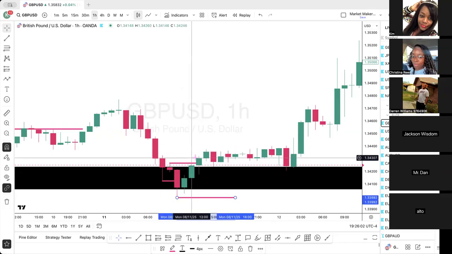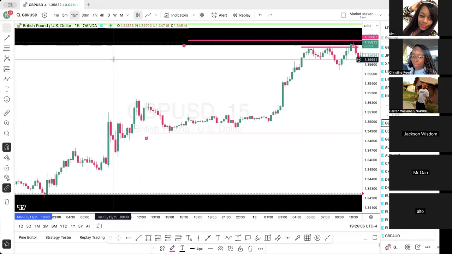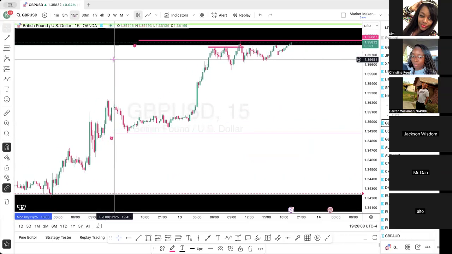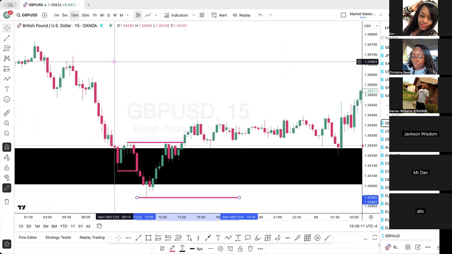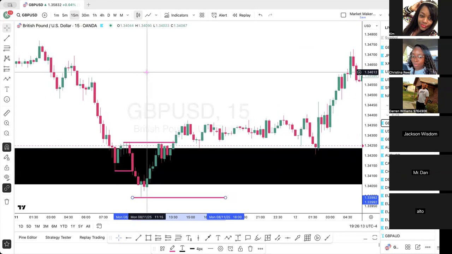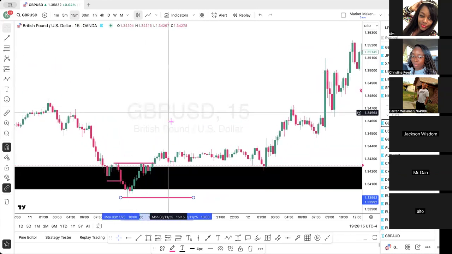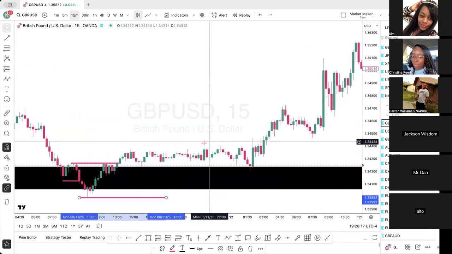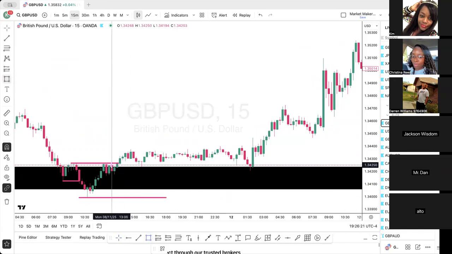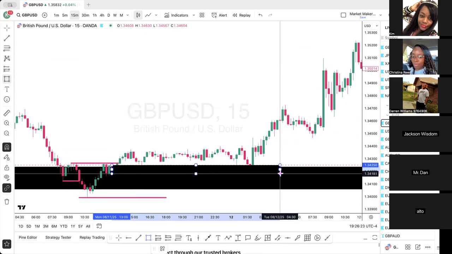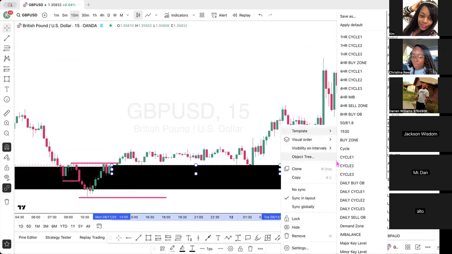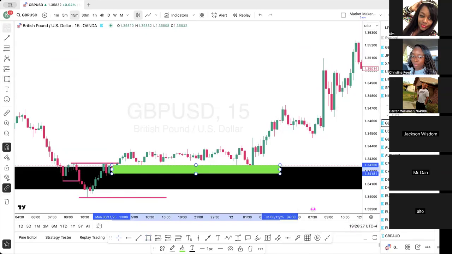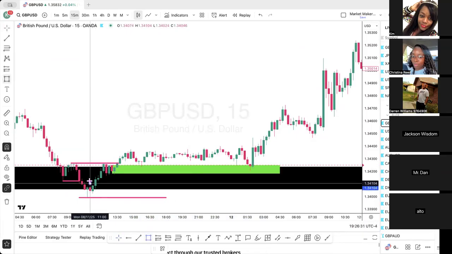And then once price broke above that swing high, that 15-minute swing high, I would have been looking for my demand zone here, and then there's also one here.